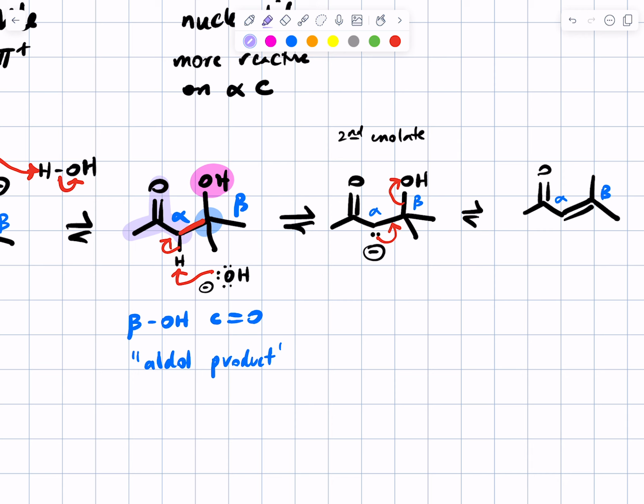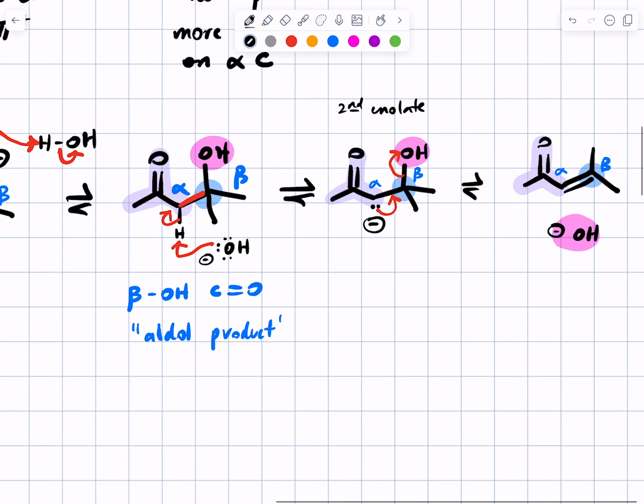Again, I'm going to label stuff according to what we've done before. Here is the portion of the molecule that used to be the enolate. Here is the portion of the molecule that used to be the carbonyl carbon. Here's in pink what used to be the carbonyl oxygen, and that gets kicked off here as OH minus.